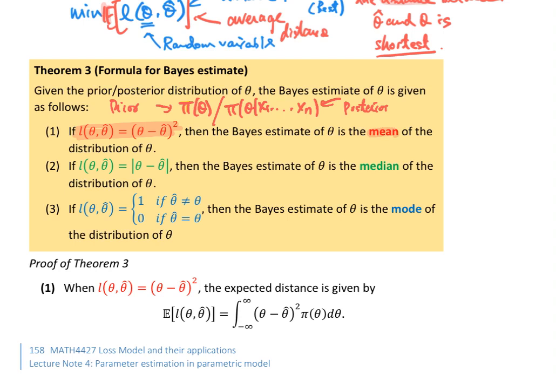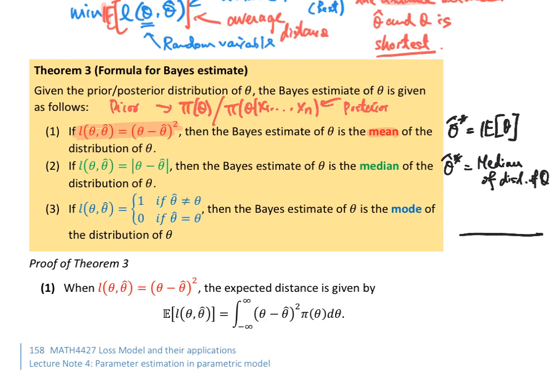That is, the Bayes estimate is the expected value of theta. And if you consider the absolute distance, then the Bayesian estimate will be the median of your distribution of theta.